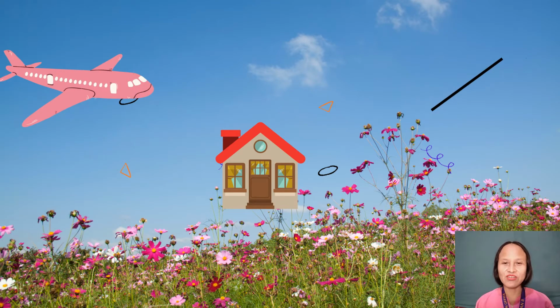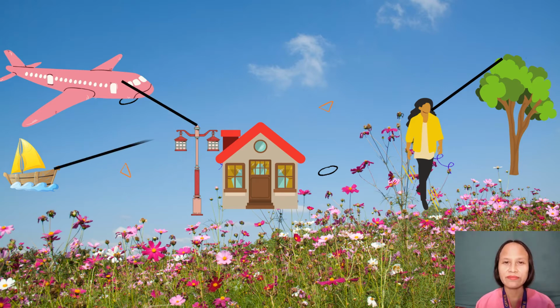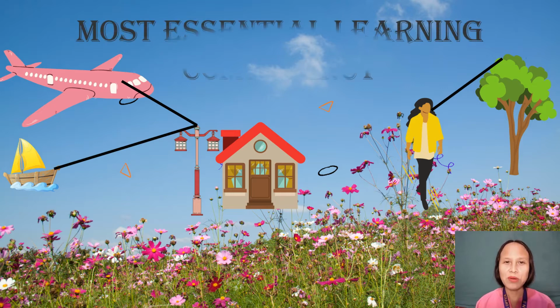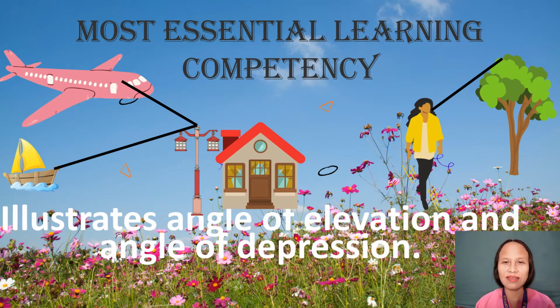In aviation and in maritime, they consider the angle of elevation and the angle of depression for the takeoff or landing and even the going to the destination of their airplanes and ships. And therefore, the most essential learning competency of this lesson is illustrates angle of elevation and angle of depression.